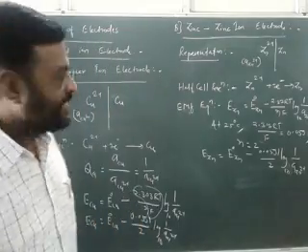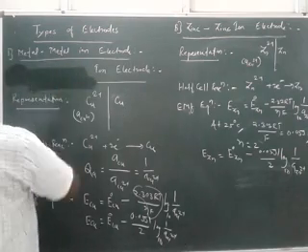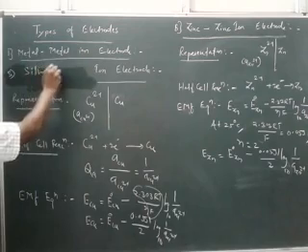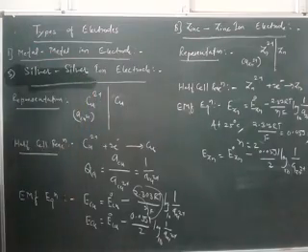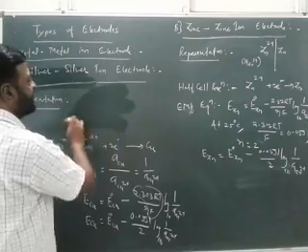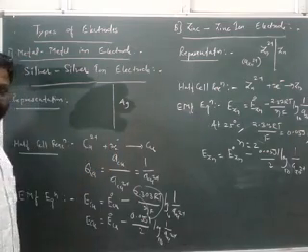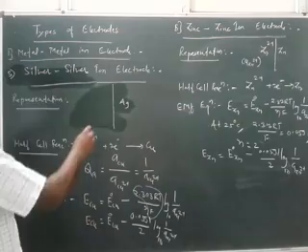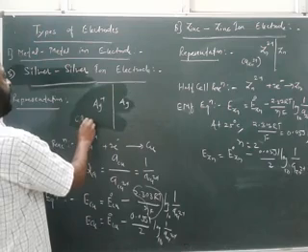Next example, the third example, the silver ion electrode. For the representation, silver, that is Ag, is dipped into a solution containing Ag+ ions, that is AgNO3 solution. So Ag+, activity of Ag+.